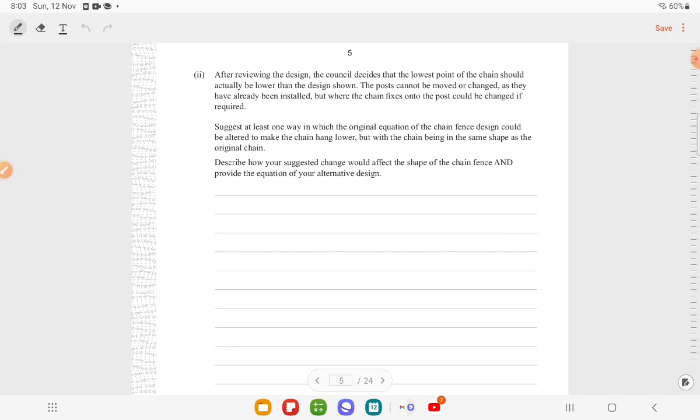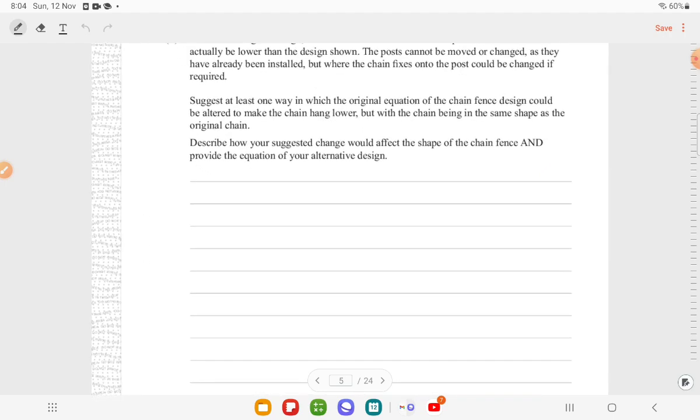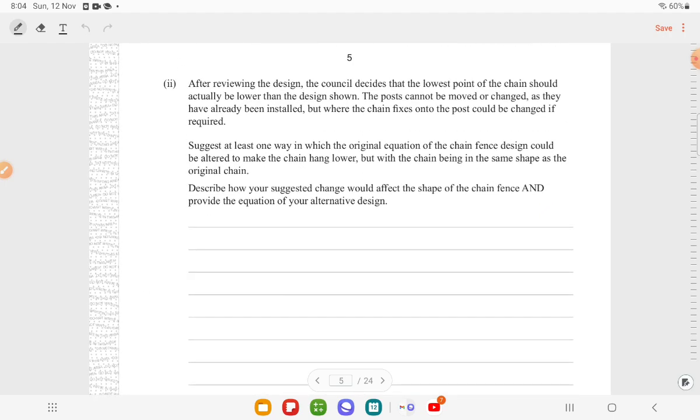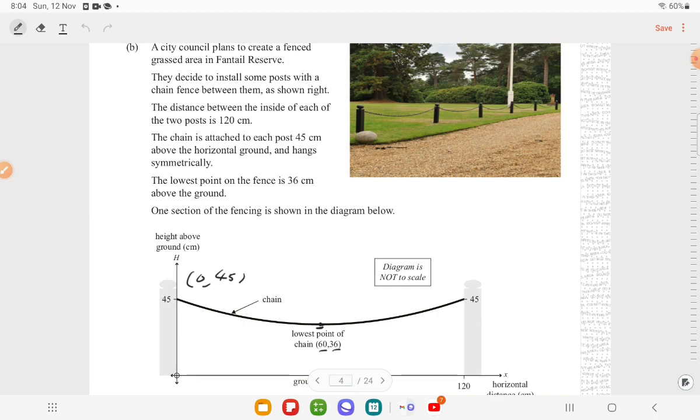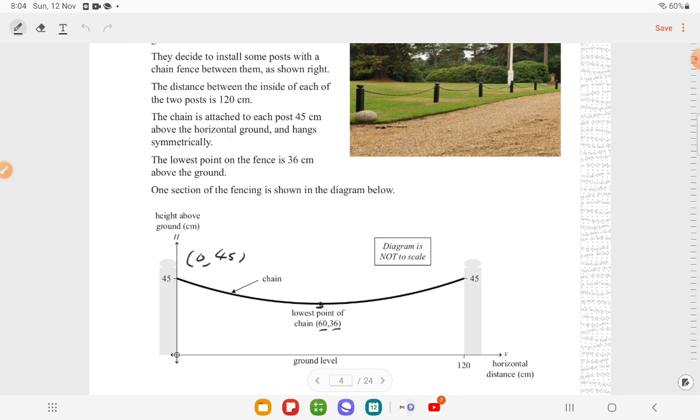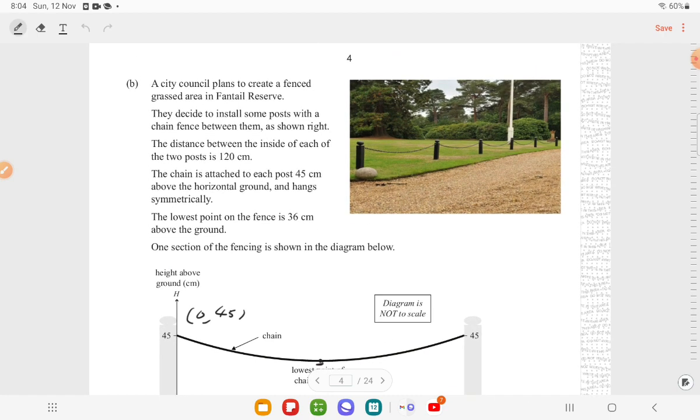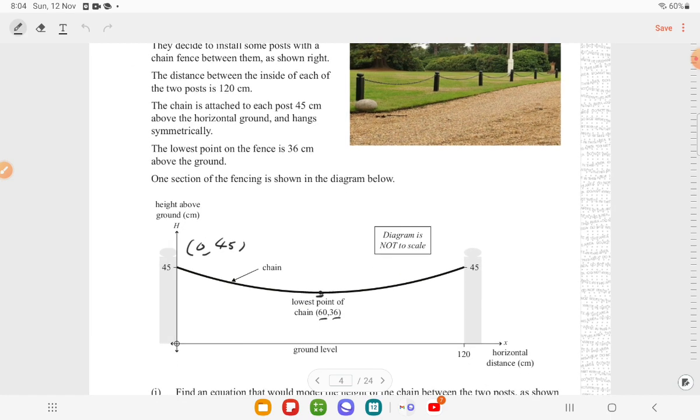But with the chain being in the same shape. Right, so the posts are here and here.